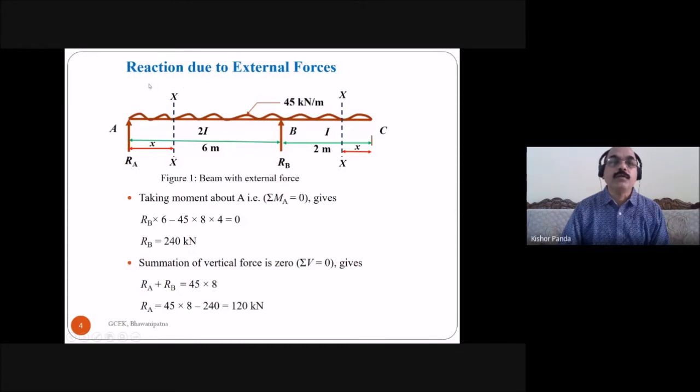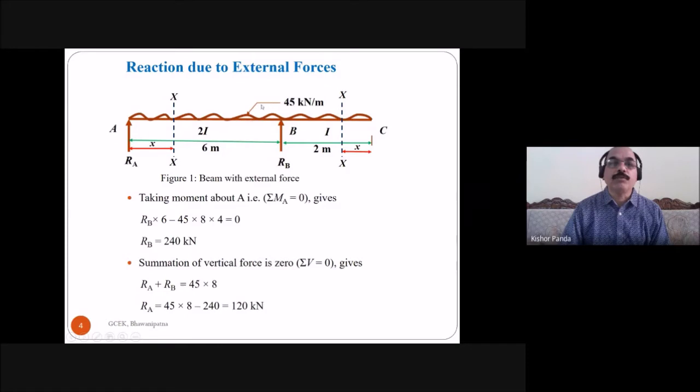So first you find the reactions due to external forces. First you consider the external force, that is 45 kilonewton per meter throughout the length, and due to this UDL, find the reaction at the end A and the reaction at the end B. You know how to find the reaction by taking moment about A, so you can find the reaction at the support B. First you take the moment about A: RB into 6, this is anticlockwise, taken as positive, and due to this UDL, the moment is clockwise, negative: 45 into 8 into 4.